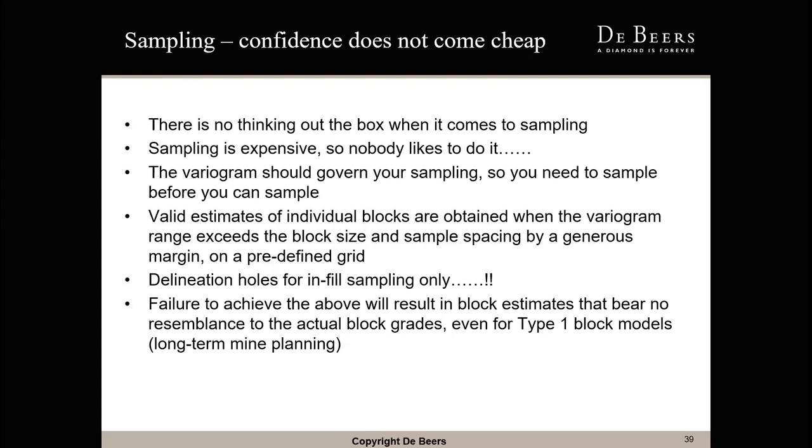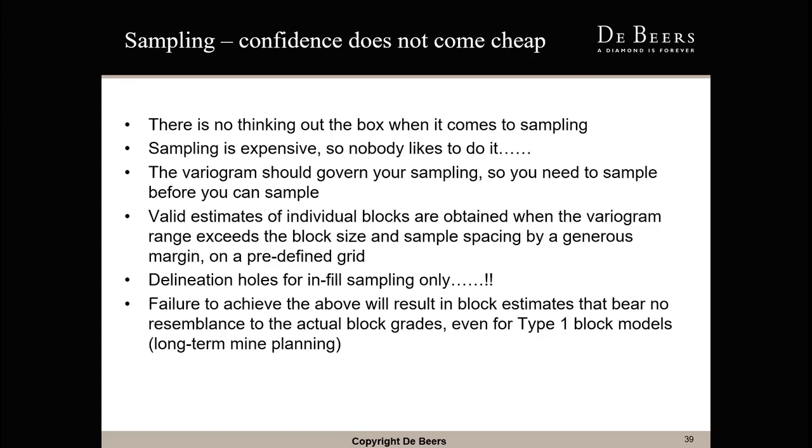In terms of estimation, a valid estimate for individual blocks can only be obtained when your variogram range exceeds the resource block size that you pick and your sample spacing by a generous margin on a defined drilling grid. Another thing that people love to do is to actually use delineation holes for resource definition. Preferably it should be done on a previously optimized drill grid. Leave the delineation holes for the geology work.